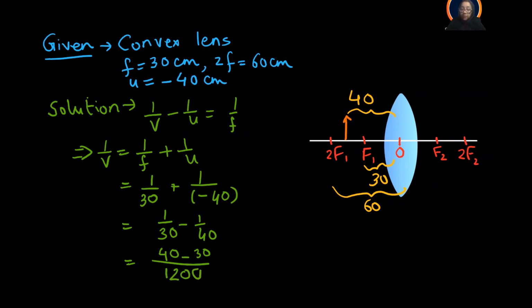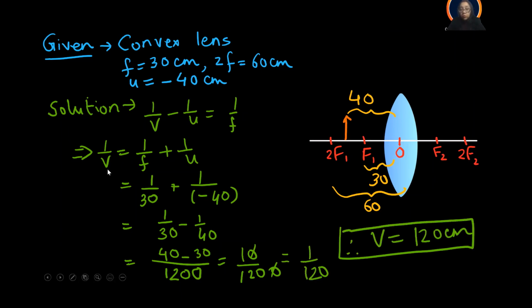Okay, 1200. And hence you will get 10 by 1200. 0 is getting cancelled out and hence you get the value of 1 upon 120. So this is 1 by V. Now V will be 120 centimeter and it is positive.